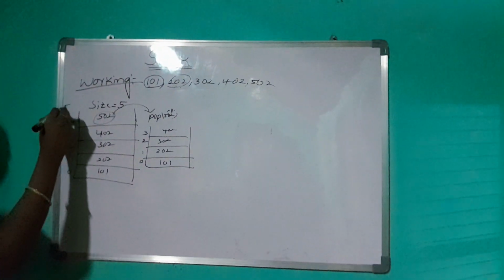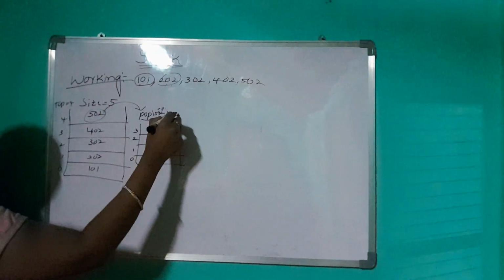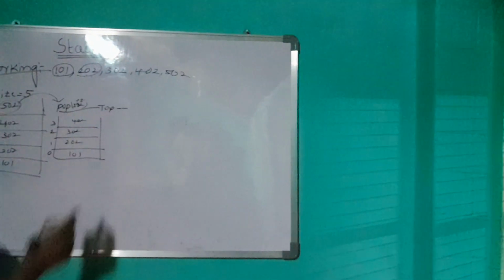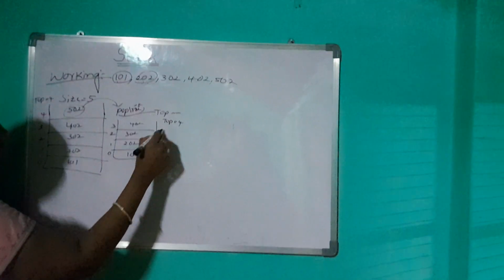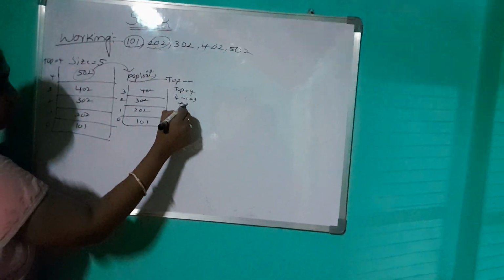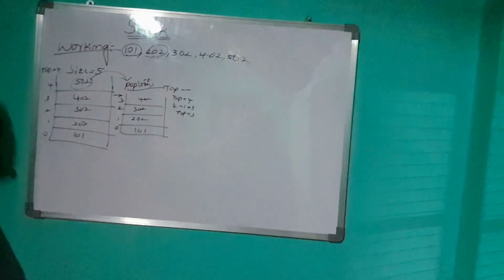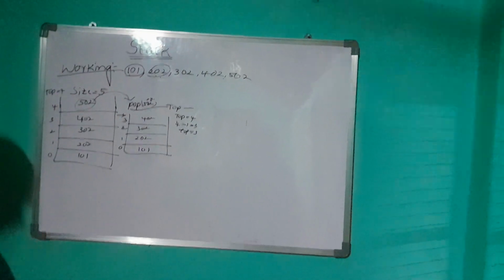In this step top is equal to 4. When we perform pop operation, top gets decremented. Initially top is equal to 4. Decrement means 4 minus 1, that is 3. Top becomes 3. Here top points to 3. Likewise, we have to perform pop operation.